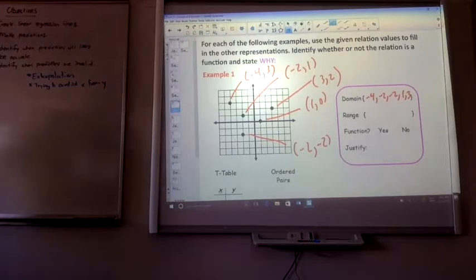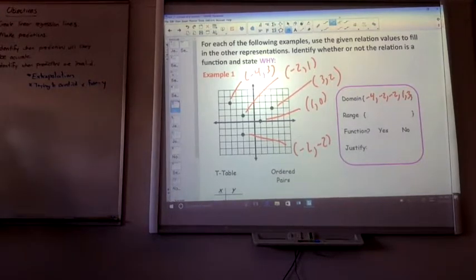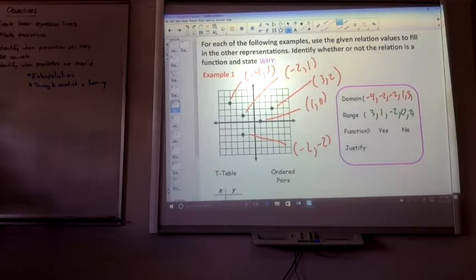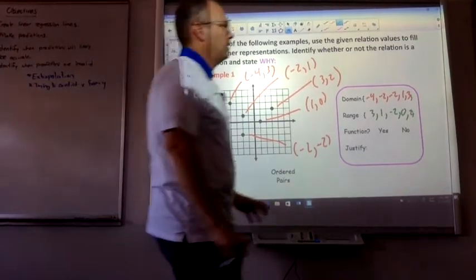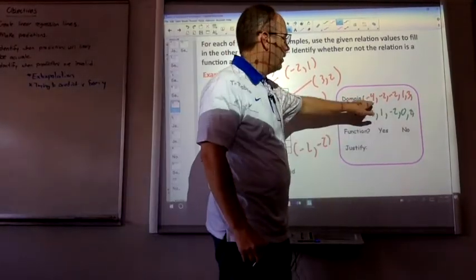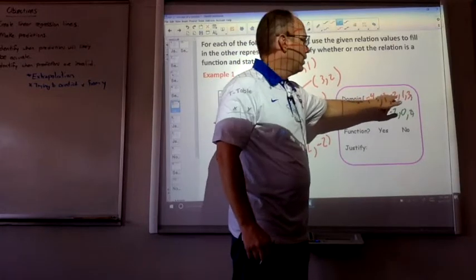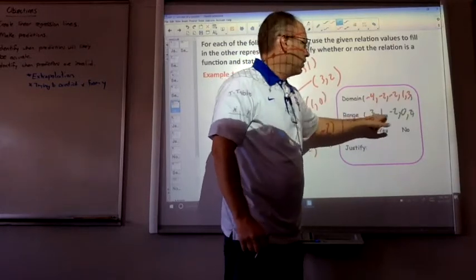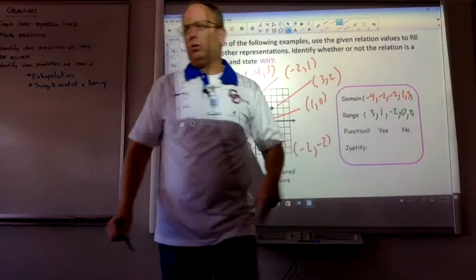Okay? And then my range, we have 3, 1, -2, 0, and 2. And again, you want to try and keep these kind of matched up. It's not imperative, but you just want to say, okay, my domain encompasses these x values, my range encompasses these y values.